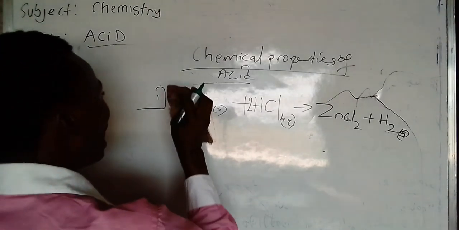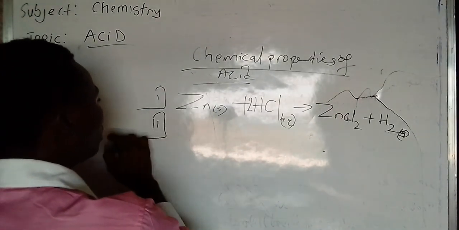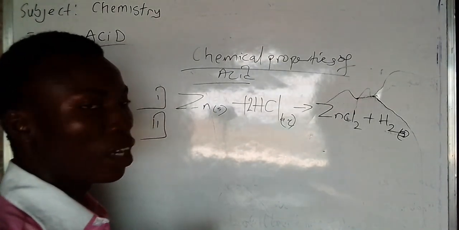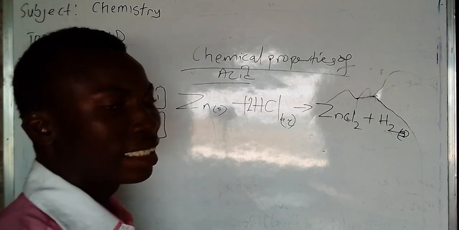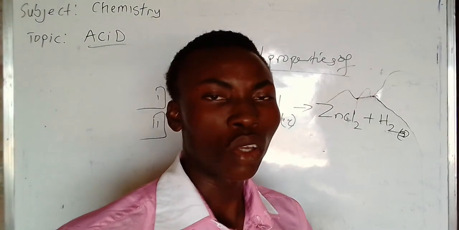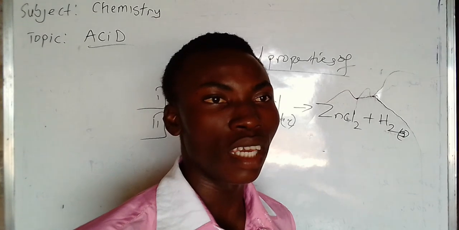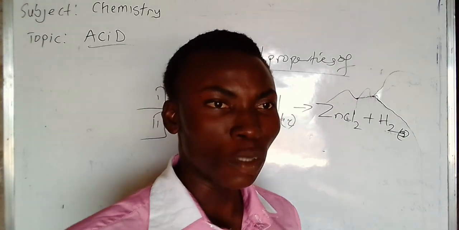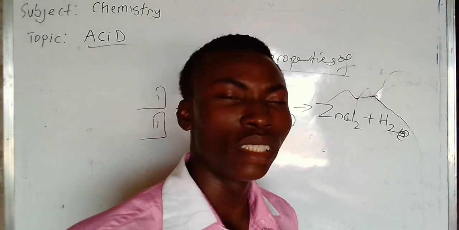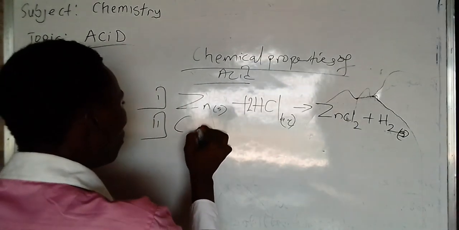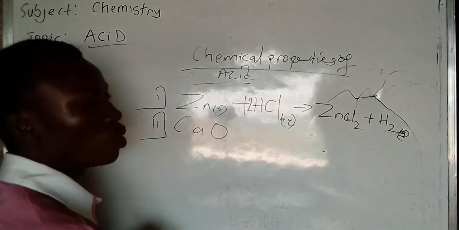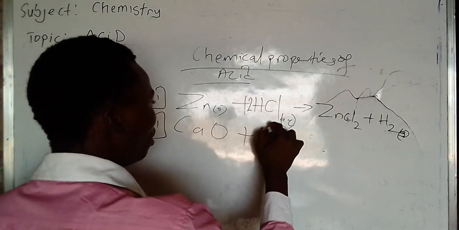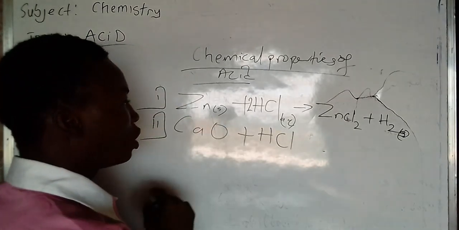Number two is reaction with non-metals. When we are talking about non-metals, here we are talking about oxygen, nitrogen, and the rest of the compounds. Now, when acid reacts together with calcium oxide, e.g., let's use HCl in this place, what will be produced?